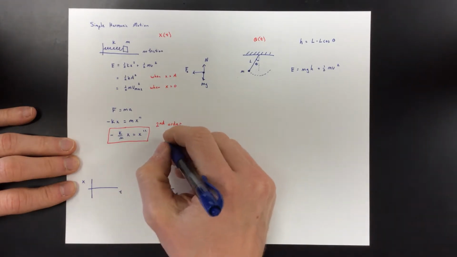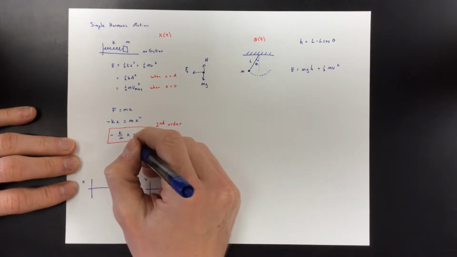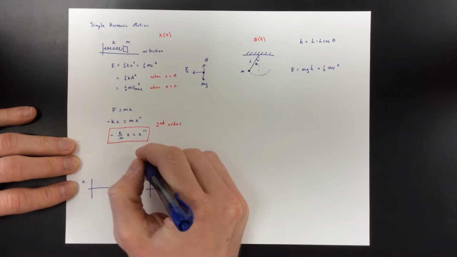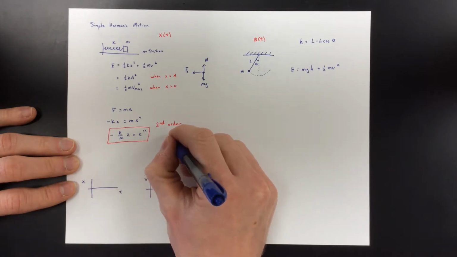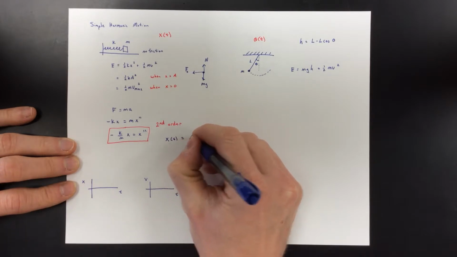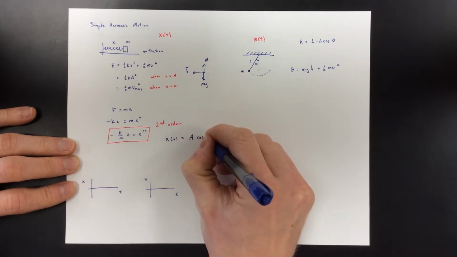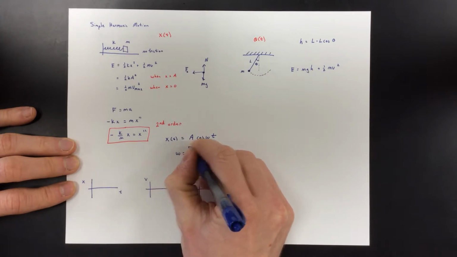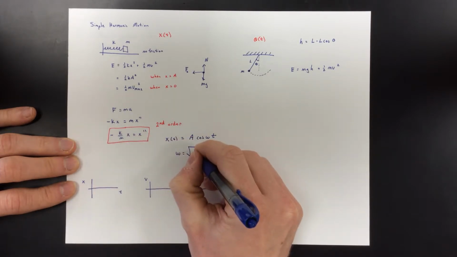Now in class we discussed that this particular differential equation, as long as it's in this form, will always be solved by a cosine or a sine curve, and that we can write it like this: cosine of omega t, where omega is the square root of this factor.